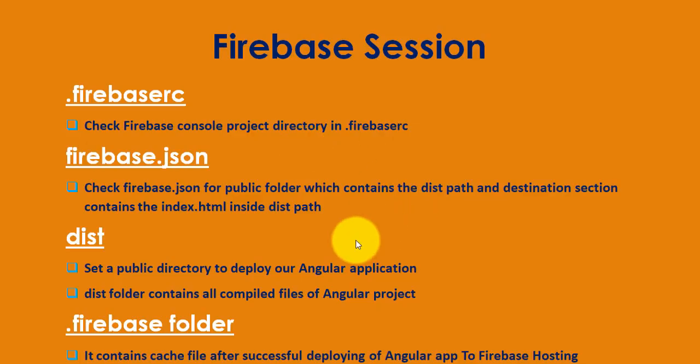And the next one is firebase.json. What does the firebase.json file do? Check firebase.json for the public folder which contains the dist path, and the destination section contains the index.html inside the dist path. So it basically contains the information about the dist folder, that is the public directory path where your Angular application is deployed using Firebase hosting.